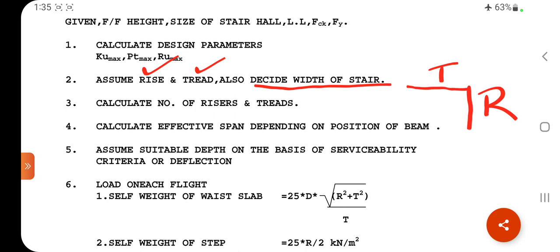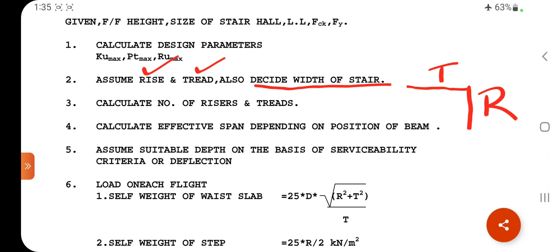Suppose if it is a public building, we have to keep the rise low and tread of higher width, and vice versa. If it is a residential building or a bungalow, in that case we can increase the rise and also decrease the tread.